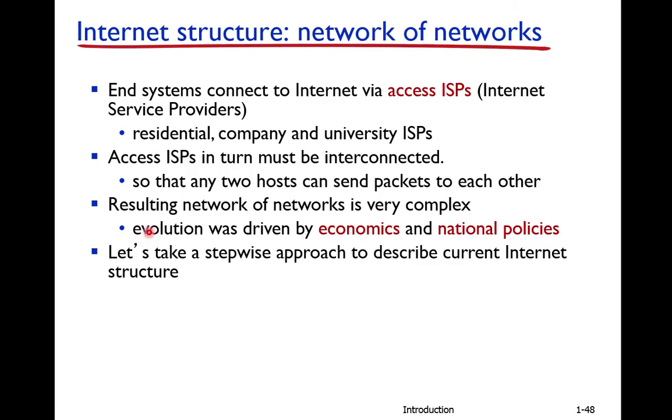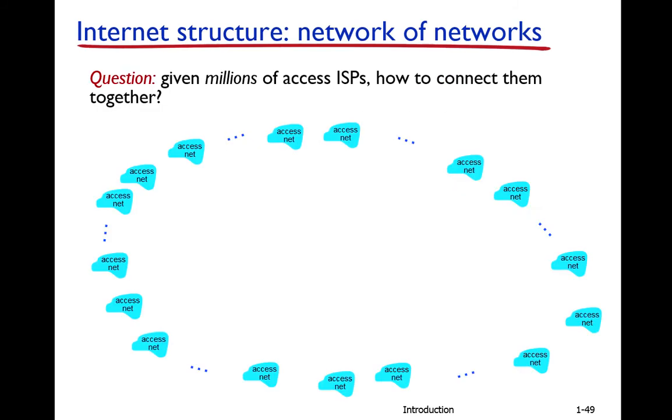So this resulting network of networks is very complex. Okay, and we had discussed it. So let's take a stepwise approach again. Suppose these are the access networks, access ISPs. So through these access ISPs, the users, the hosts, are connected.